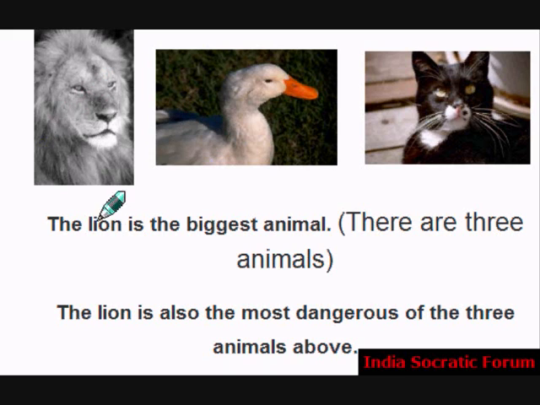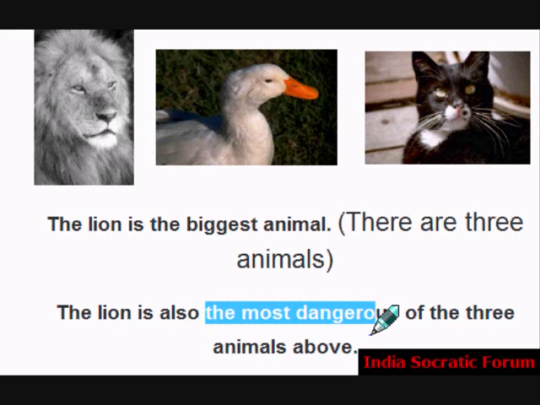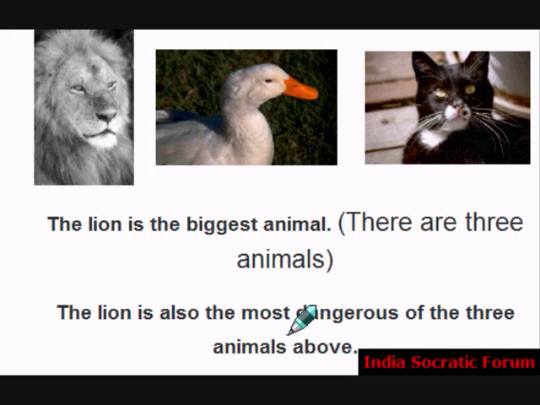Lion is the most dangerous of the 3 animals above. So whenever you use the word dangerous, there are 3 or more syllables. We use most dangerous. So whenever we use most, always use the article the.